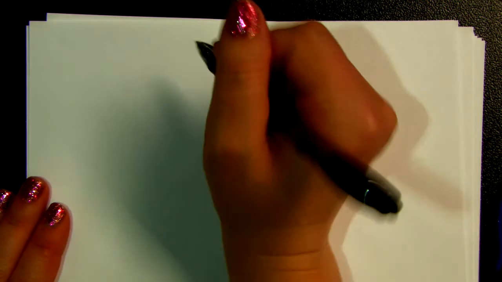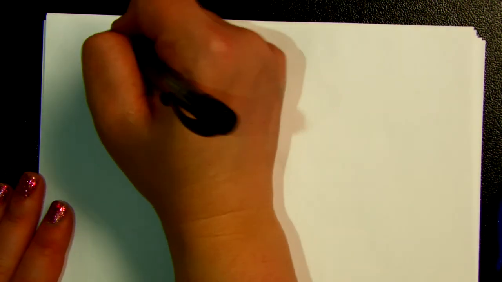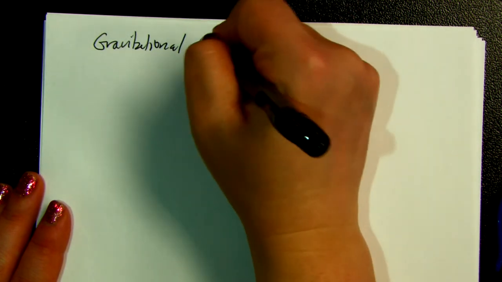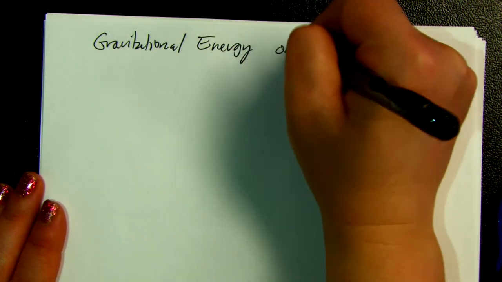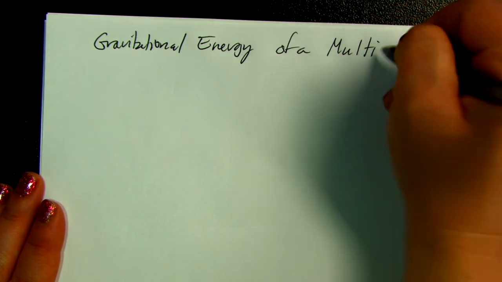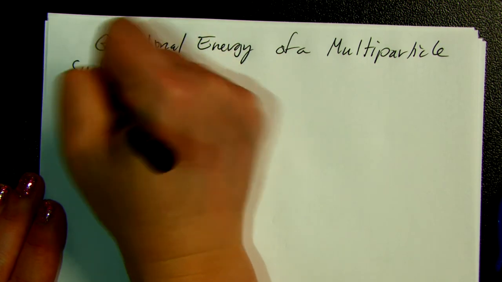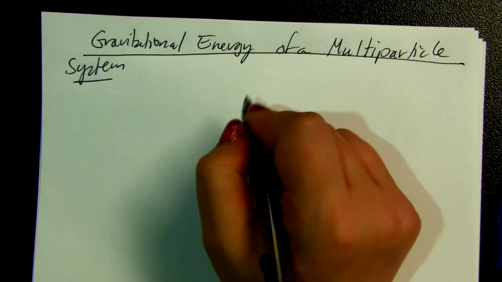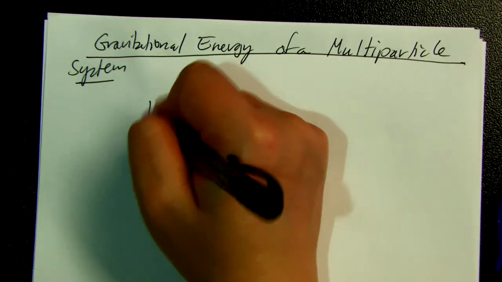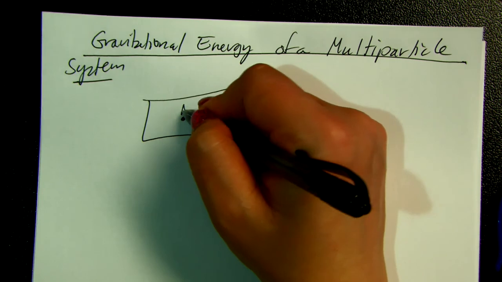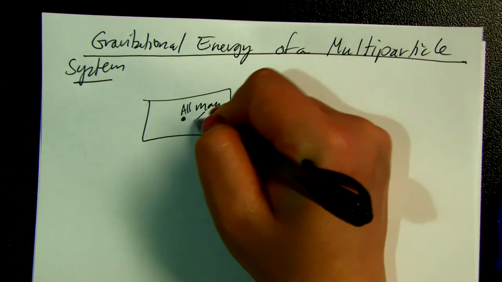All right, so let's look at the gravitational potential or gravitational energy of a multiparticle system. All right, so we have been treating objects like all their mass is in a central point.